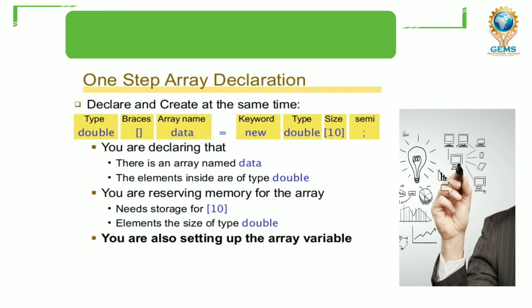Now you are combining both lines into one single line: double braces, data equal new double 10. This is called one-step array declaration.